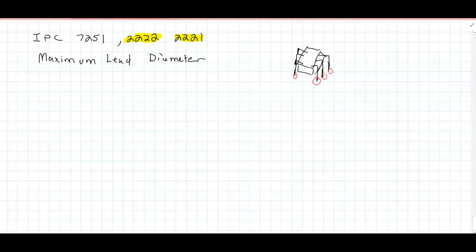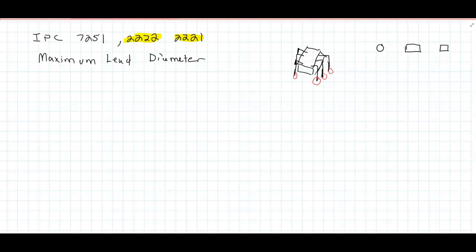Now the thing that's a little bit odd at first, that some people don't realize, is that you might think these leads are always round, but they're not always round. These are rectangular, or sometimes even square shaped, and so we need to know the dimensions of these.